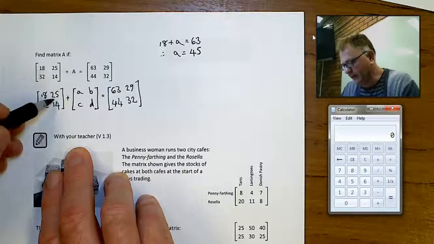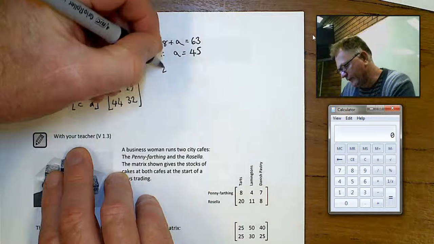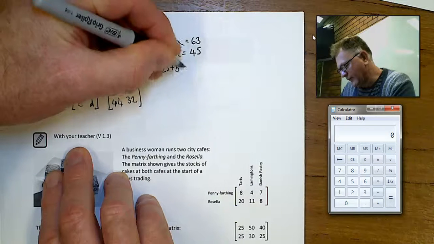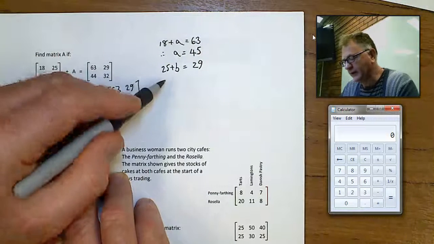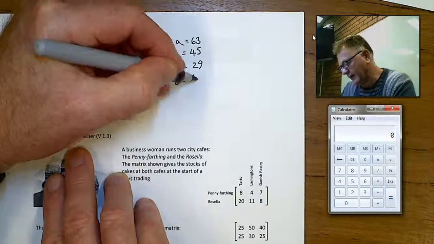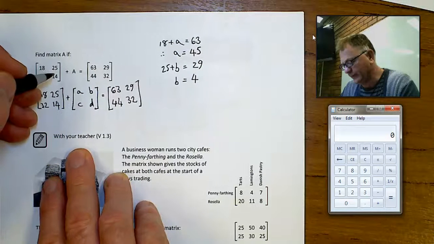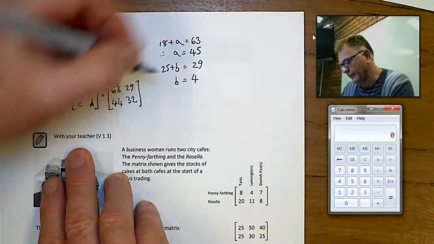Now 25 plus B equals 29. Take away 25 from both sides of the equation to find out what B equals, and B will equal 4. 32 plus C equals 44.